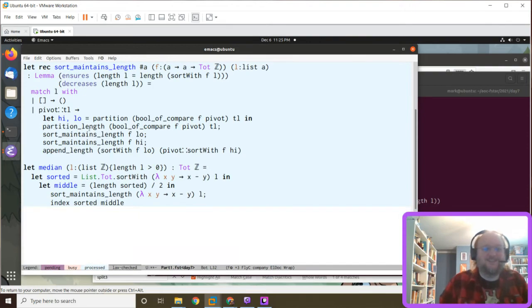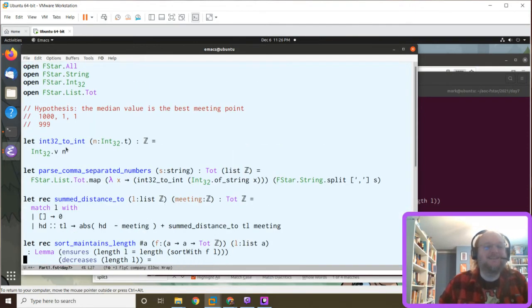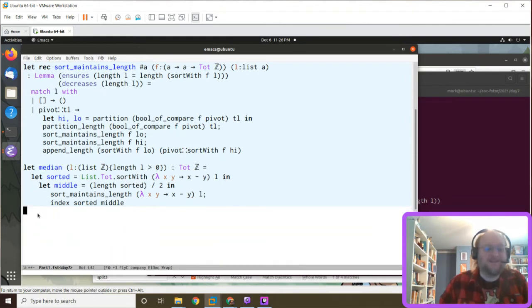I feel like this should be there somewhere already, but we proved it. All right, so now our median's well defined. Length divided by 2 is actually in the string somewhere, as long as the length's greater than 0 to start with. All right.